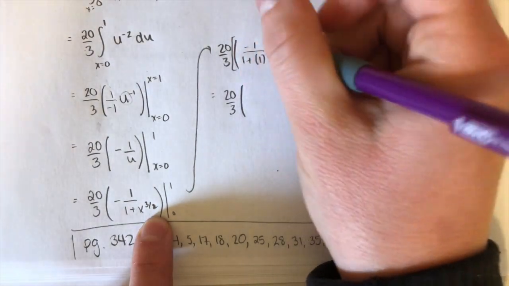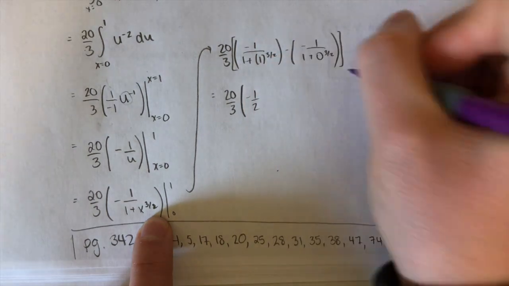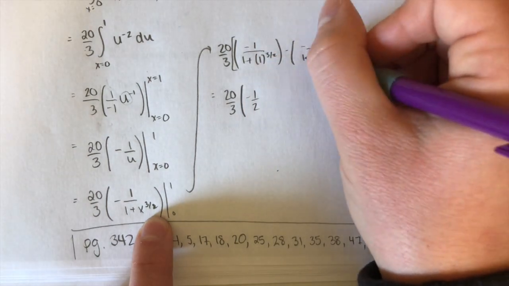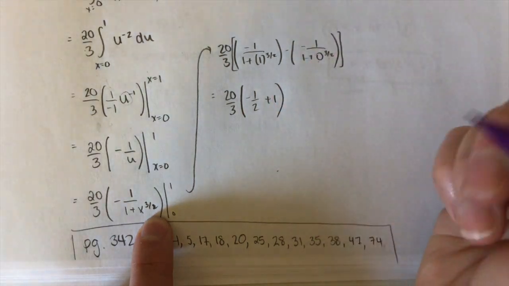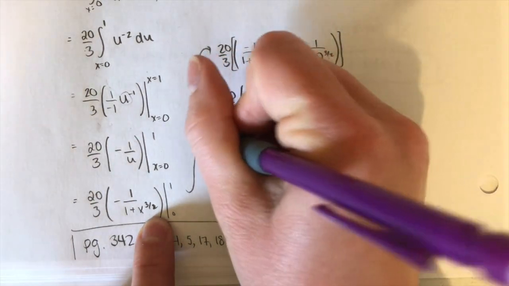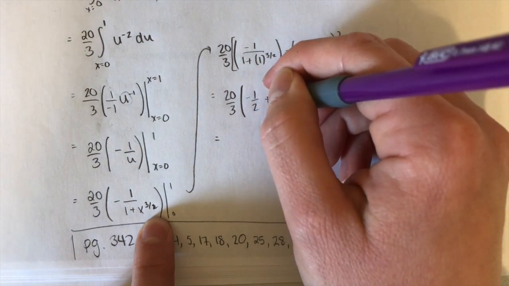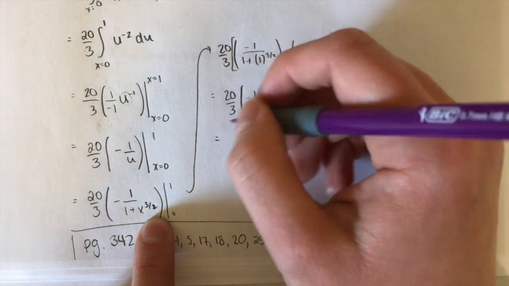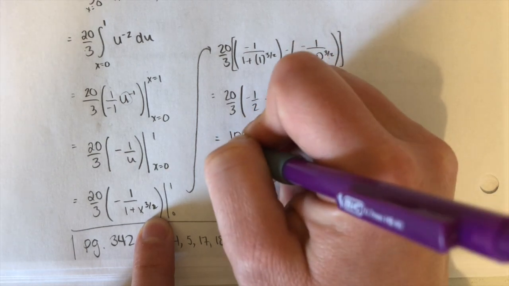So this part is going to be 1 plus 1 is 2, so -1 half. And then this is 1 plus 0, so 1. So this whole thing is just a plus 1. So then we simplify. -1 half plus 1 is +1 half. +1 half times this whole thing is 10/3.